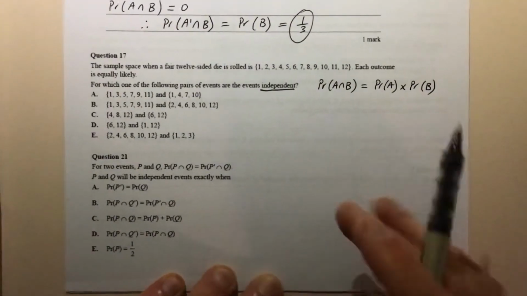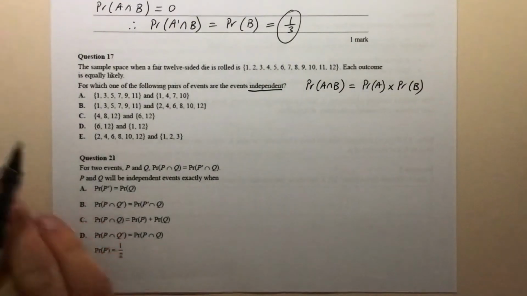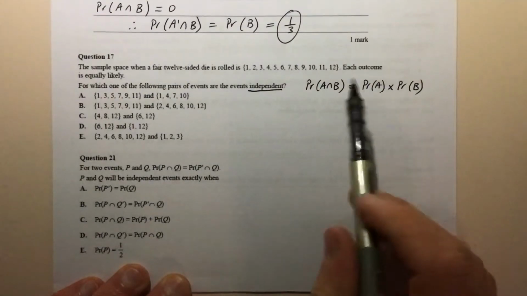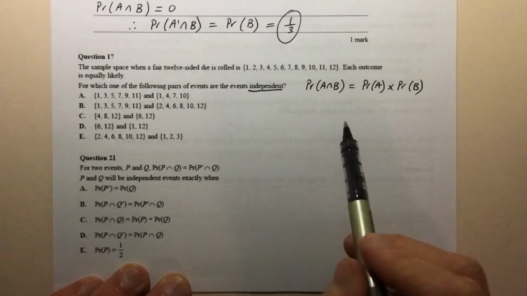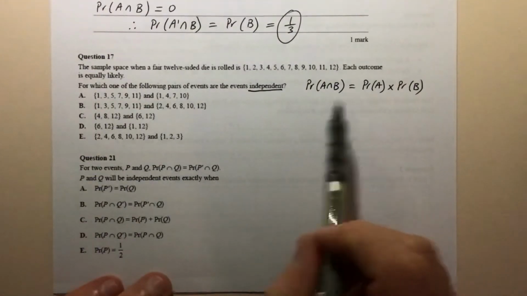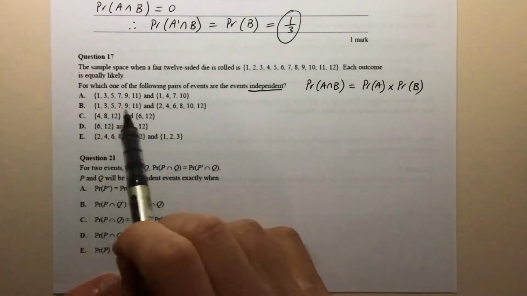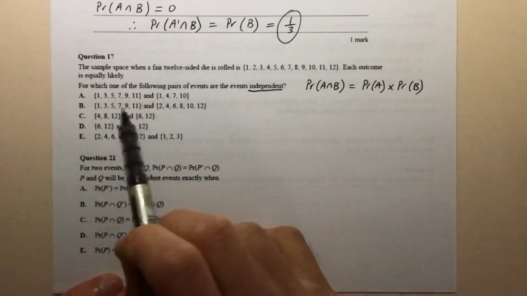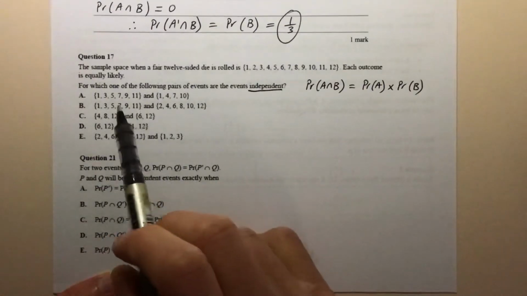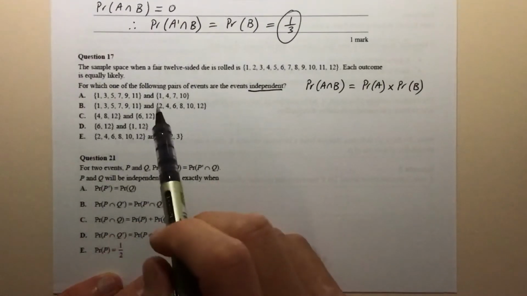And really what's happening in this question is we have to check with all these options which one would make this formula hold. Now, the strategy that I would probably apply first is to start looking at, in each set of events, which numbers are common, because if you want both events to occur, we need to get a number that's in both sets.